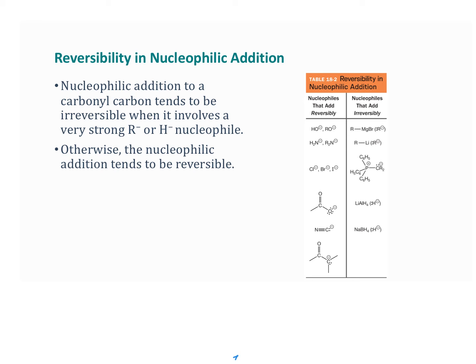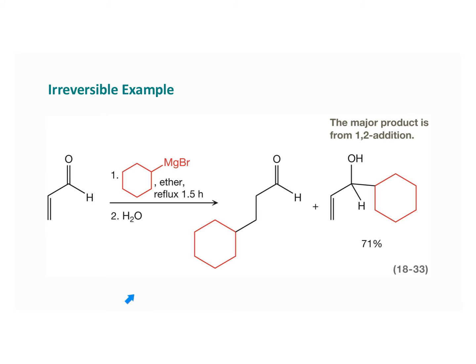Let's look at some examples. So, for example, we have C6H11MgBr, which you should look at and be like, hey, I think that's a Grignard. And when we talk about a Grignard here, that is going to add irreversibly because we know we can simplify Grignards to that, okay?